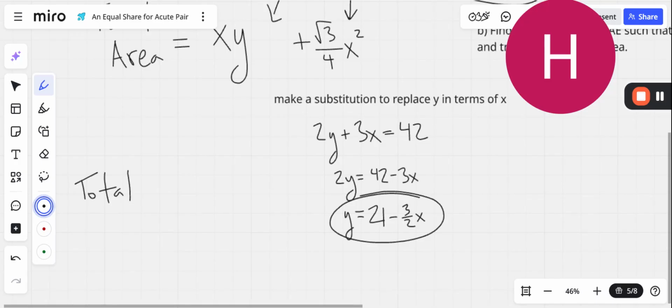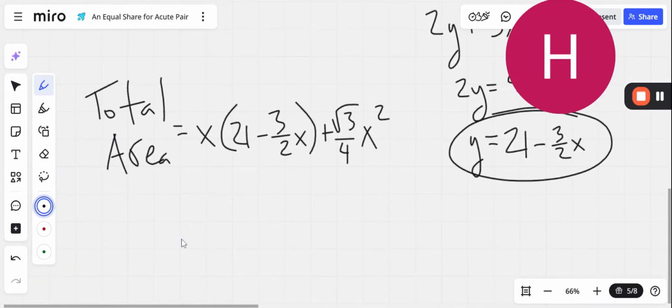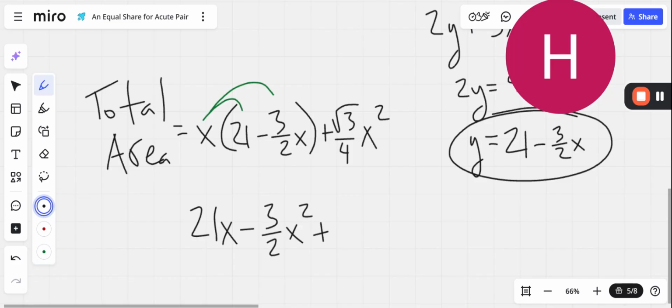So the total area is going to be x times (21 minus 3/2 x) plus root 3 over 4 x squared. Okay, now we're getting somewhere. We have an equation that's all just x's. Let's work this out a little bit because some things are going to combine. We have 21x minus 3/2 x squared, and then plus root 3 over 4 x squared, okay?